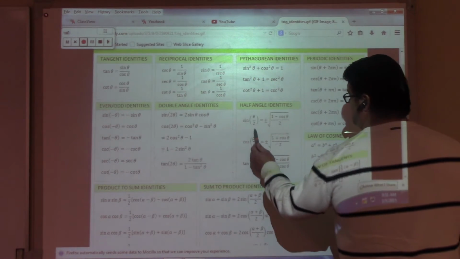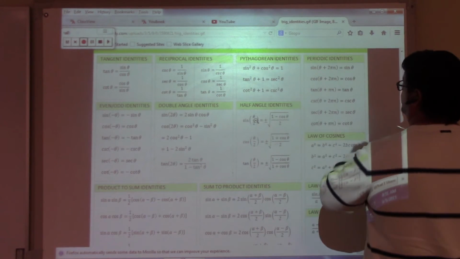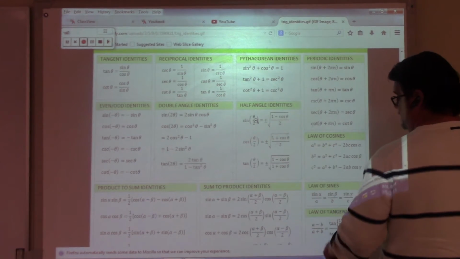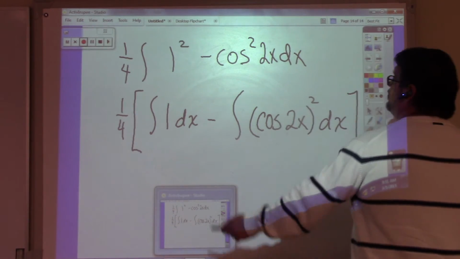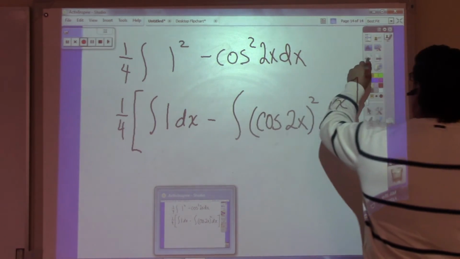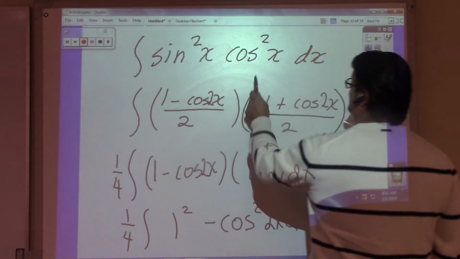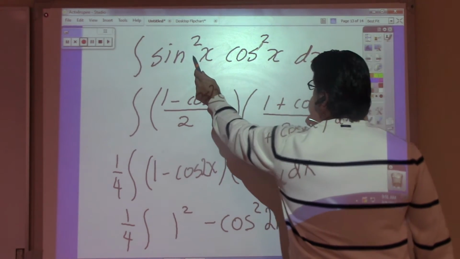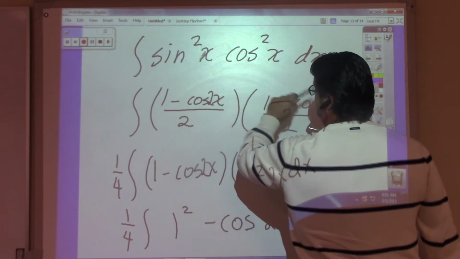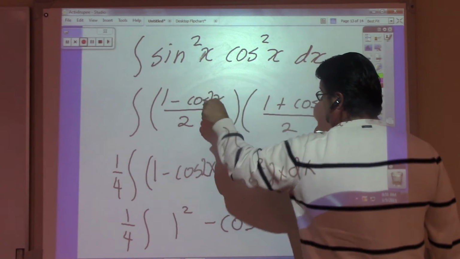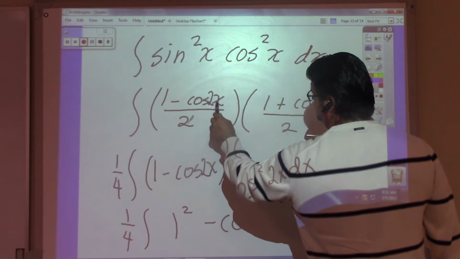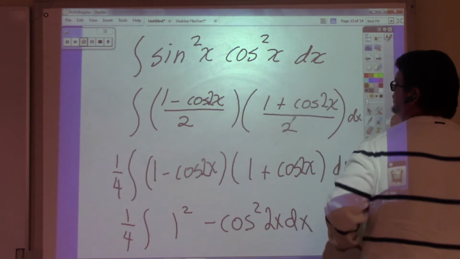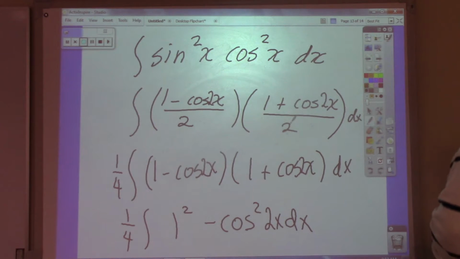Well, the way this works out, since this is cosine, hold on, let me get out of this. Back here, cosine squared and sine squared by the half angle, come out with 2 theta, 2x over 2 right here. That wasn't in your identity sheet.